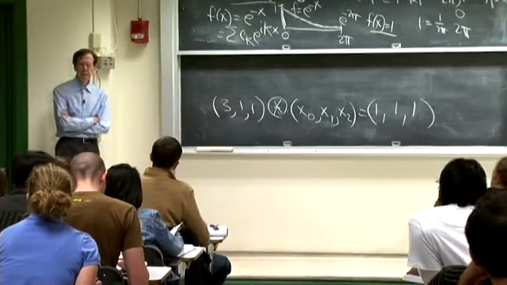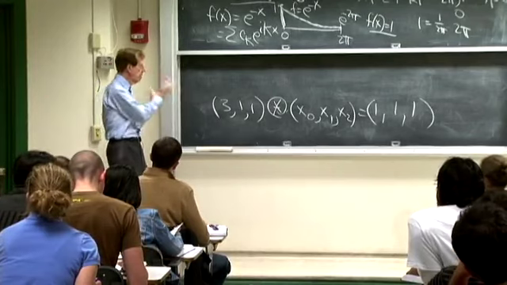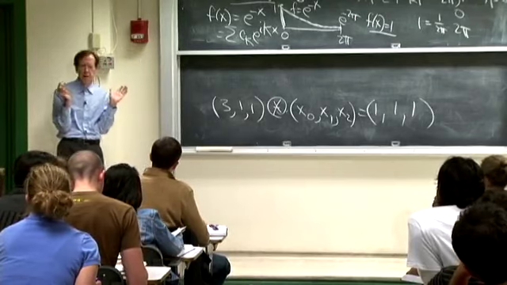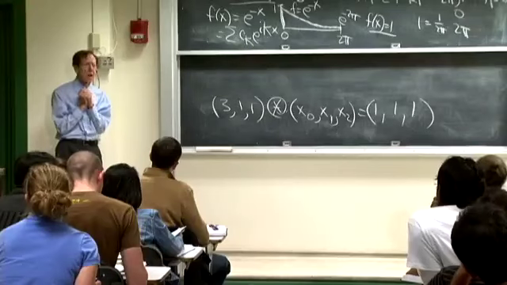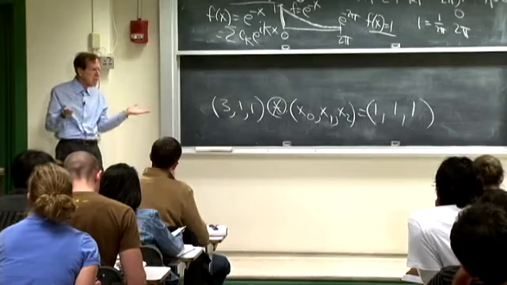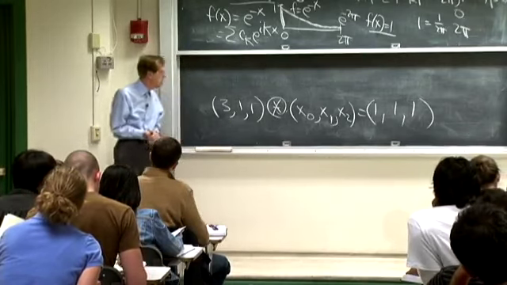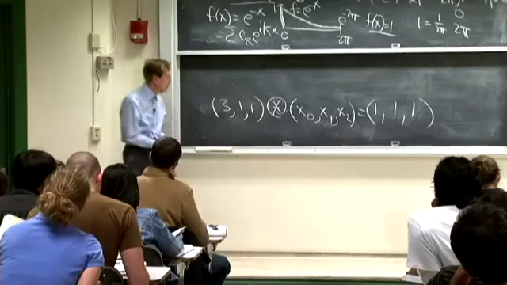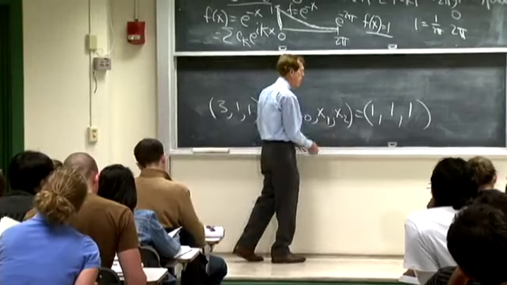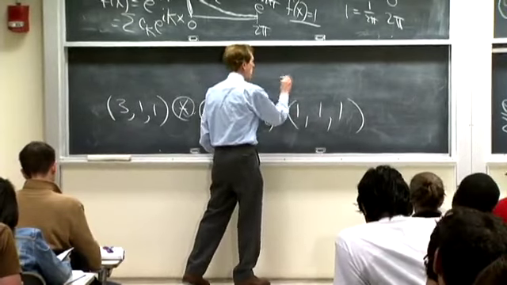The question is, how do I get some insight into this? And when I'm seeing a convolution, what's my immediate thought? Transform. That's what this month is all about. November and these days is all about it. Transform. So I'll take the DFT of everything. So what's the discrete Fourier transform of 1, 1, 1?